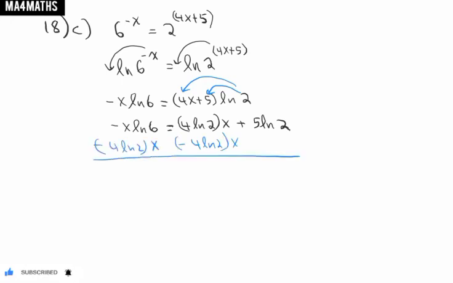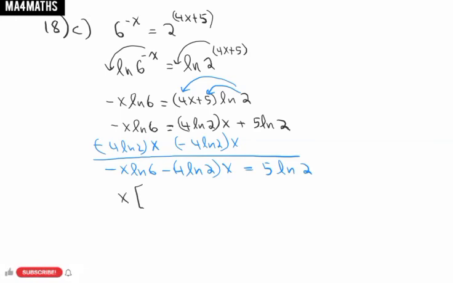We'll end up with minus x log 6 minus 4 log 2 times x is equal to 5 log of 2. Now, the next step is extremely important. You have to factor out x. And so we have x times minus log 6 minus 4 log 2, which is equal to 5 log of 2.